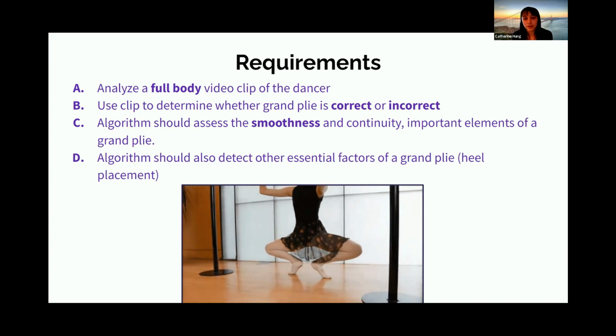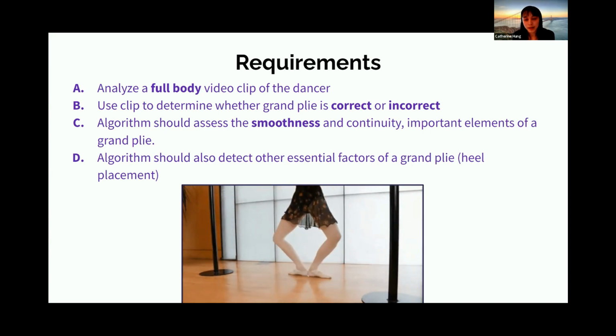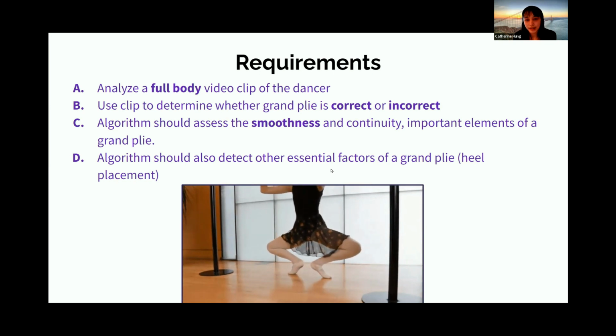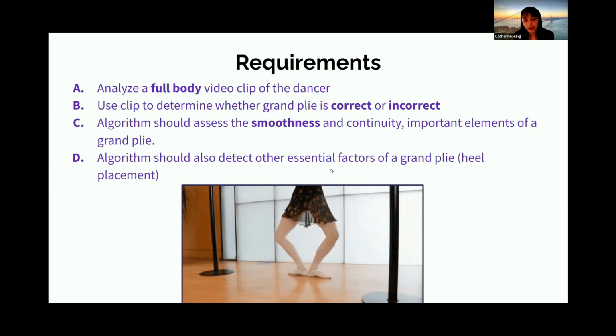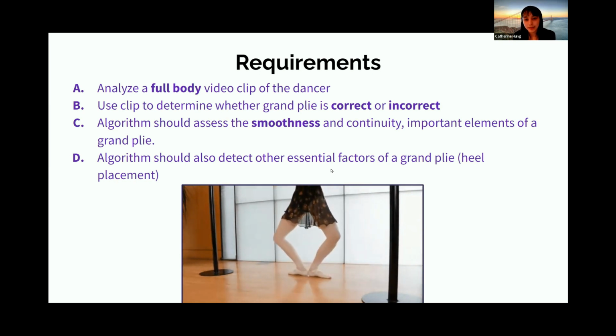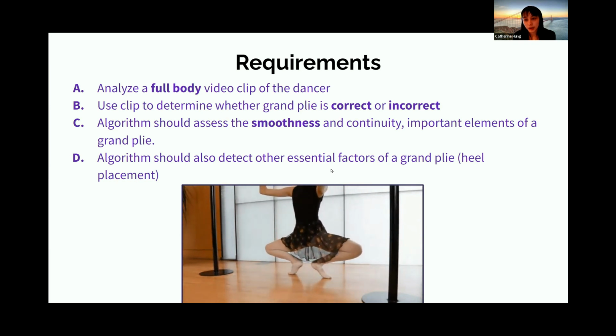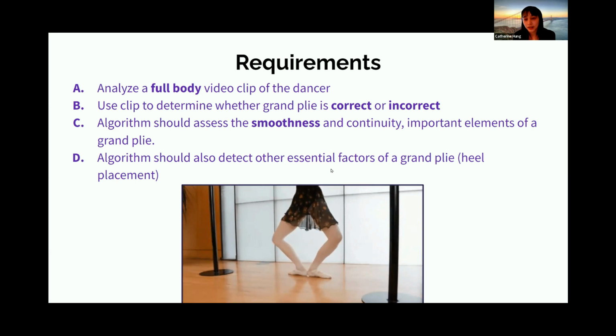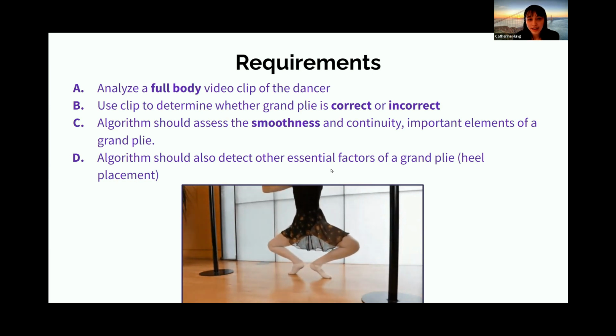And I chose to focus on a relatively basic move in ballet, as seen in the GIF below, which is a grand plié, which involves a bending of the legs until the thighs are horizontal to the floor and the back is straight. I chose it because this move is a foundation to many other, more complicated moves in ballet, including leaps, for example.